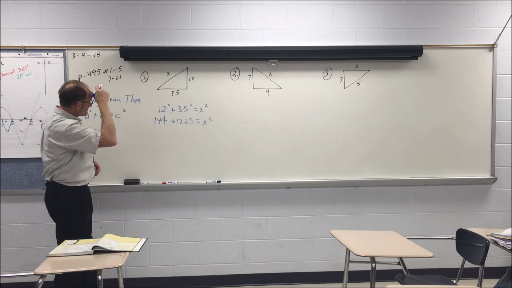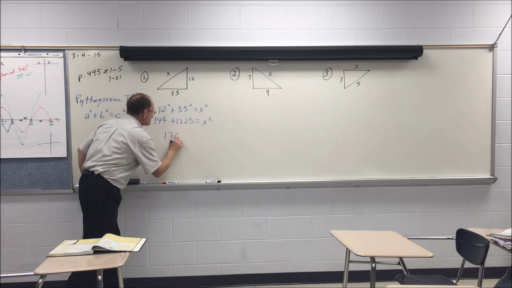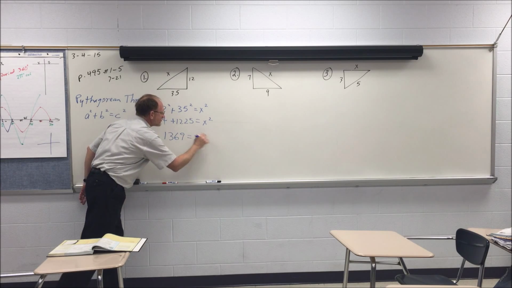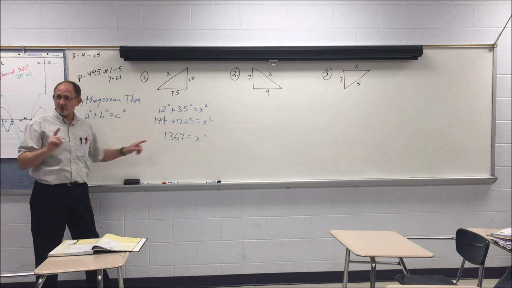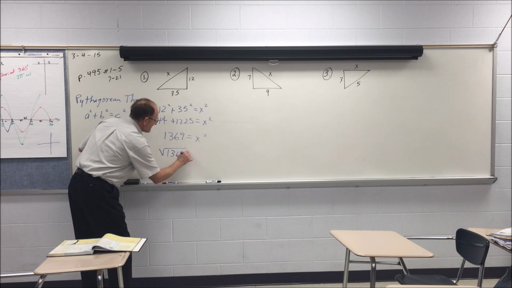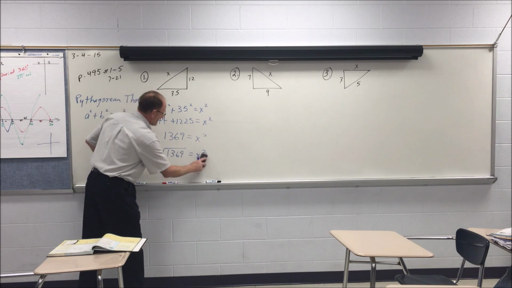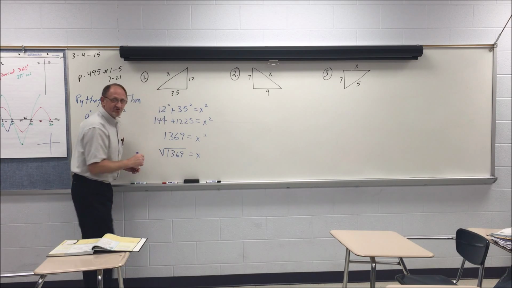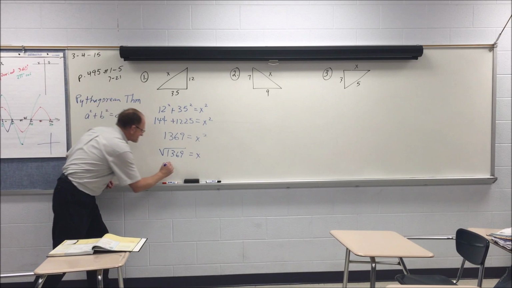And when you add those together, you get what? 1369. 1369 equals x squared. Now when you get to this step, you take the square root of both sides. The square root of 1369 equals x, because you took the square root of both sides. And what is the square root of 1369? 37.